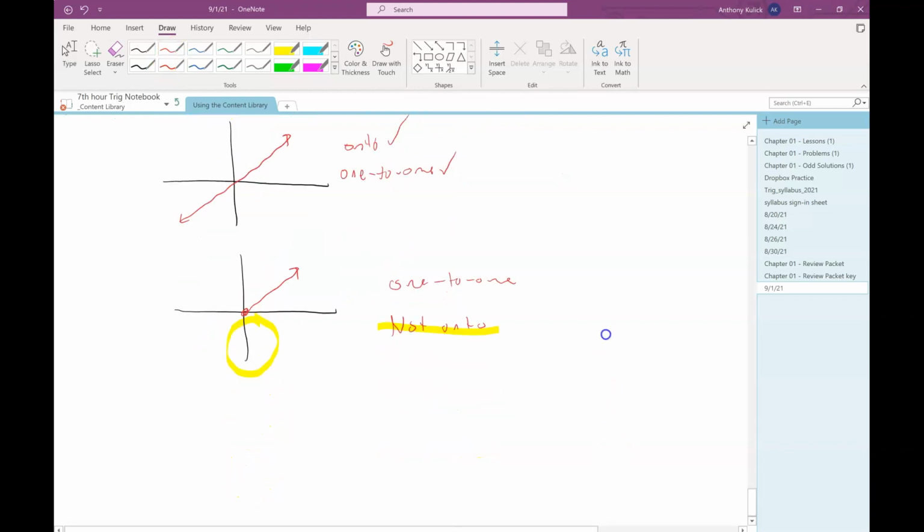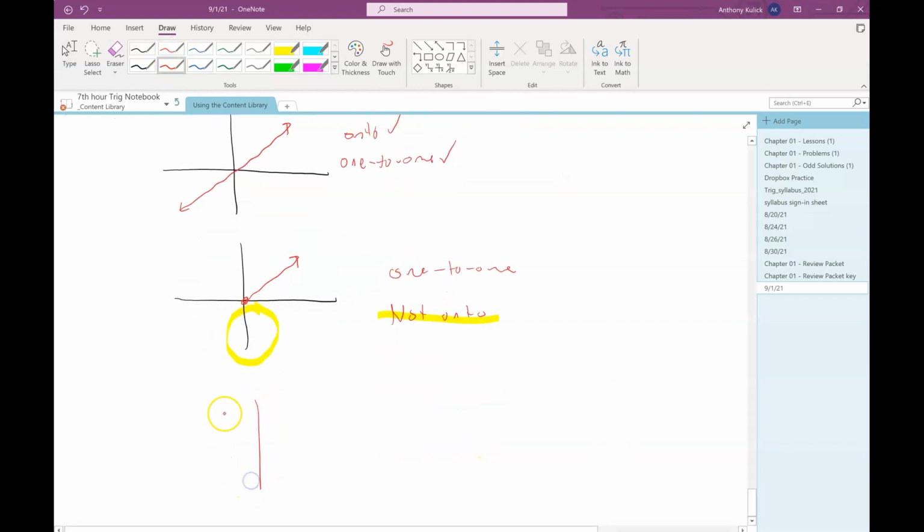Okay, well, how about something that's onto but not one-to-one? How about something like this? That's onto, all the y coordinates get used. I have an arrow pointing up and down. But it's definitely not one-to-one because it would fail a horizontal line test.